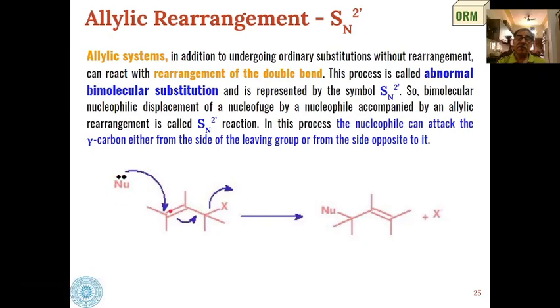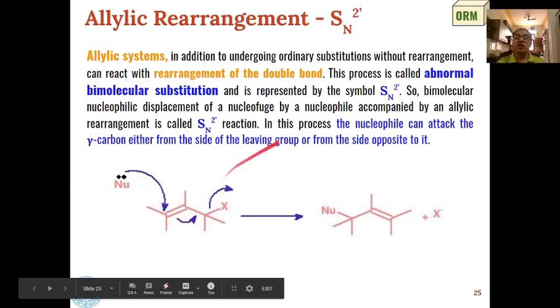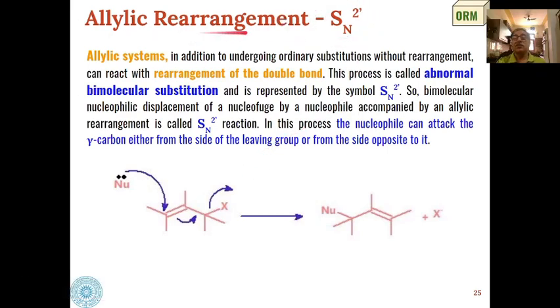So such a reaction is called SN2 dash reaction, or allylic rearrangement bimolecular nucleophilic substitution with rearrangement. So this is an abnormal bimolecular substitution reaction, and here the nucleophile will attack the gamma carbon either from the side of the leaving group or from the side opposite to it.